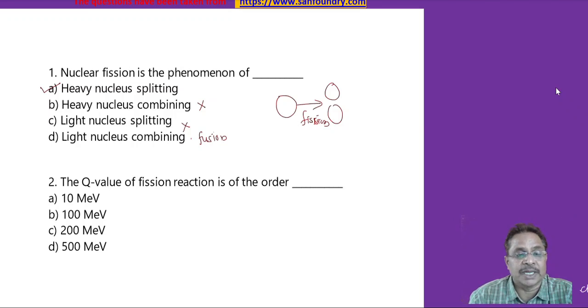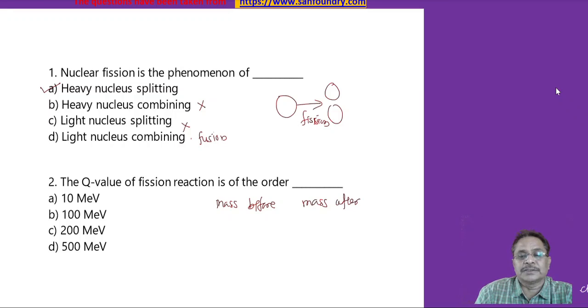Therefore for question number 1, option A is correct. Then, Q value of the fission reaction is of the order of, question number 2. Here if we go on calculating the mass before interaction and the mass after the reaction, you find that the mass before the reaction is slightly more than the mass after the interaction, and the amount of mass that disappeared gets converted into energy.